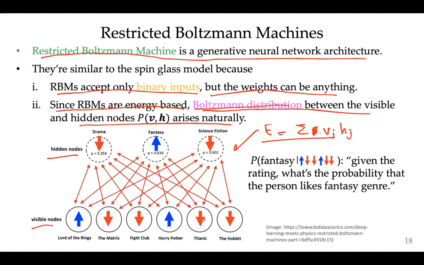Given these inputs, this model tries to infer, for the person that made these choices, the probability distribution of whether that person likes fantasy movies, for example, or science fiction movies. For this particular selection, it turns out that the highest probability is that the person likes fantasy, not drama, and not science fiction.